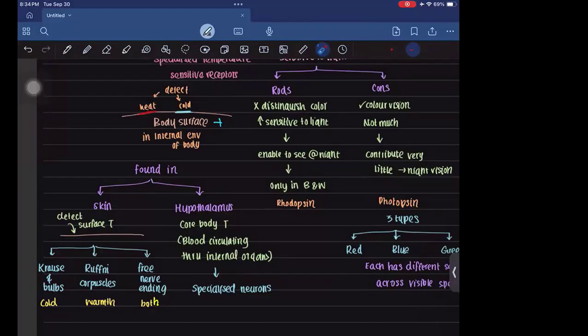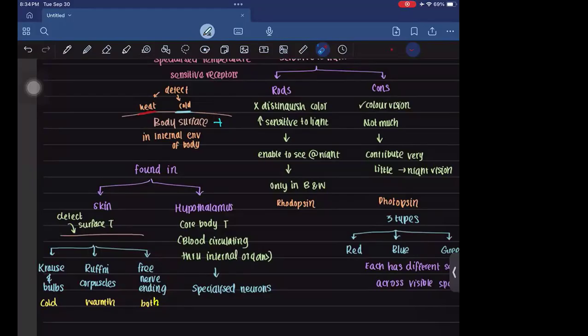So Krause end bulbs, which is a type of thermoreceptor on your skin, they will be detecting cold on your body surface. Ruffini corpuscles, which is also a type of thermoreceptor present on your skin, they will be detecting the warmth on your body surface. And if you take a look at free nerve endings, they will be detecting both cold as well as warmth on your body surface.